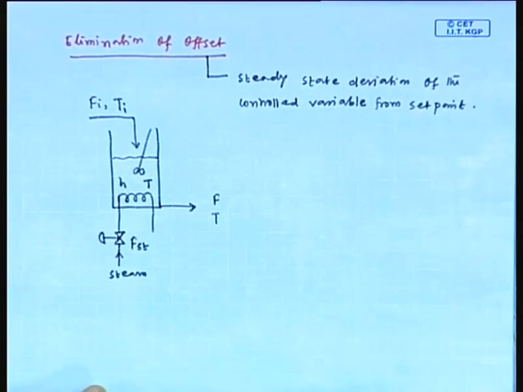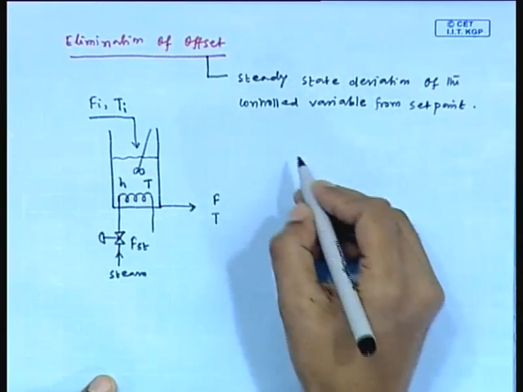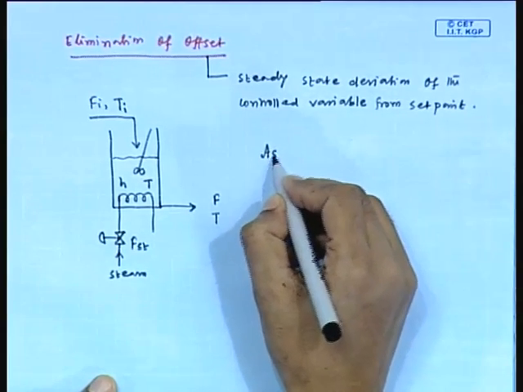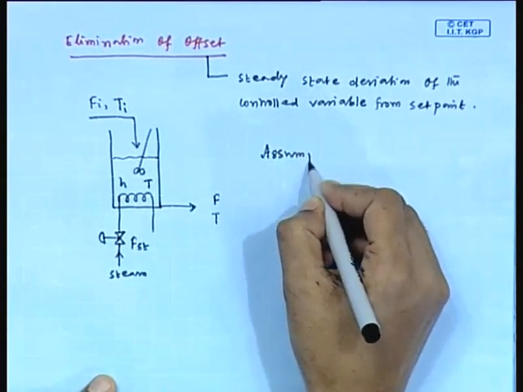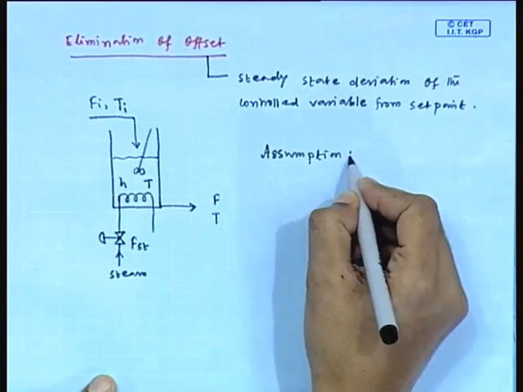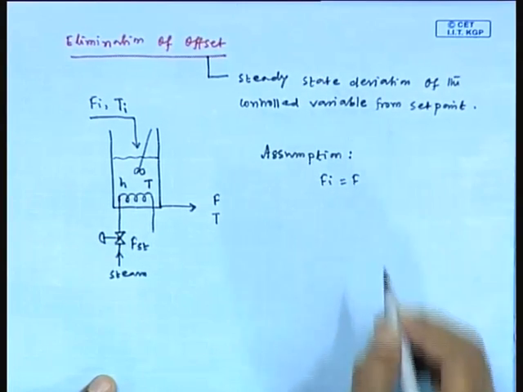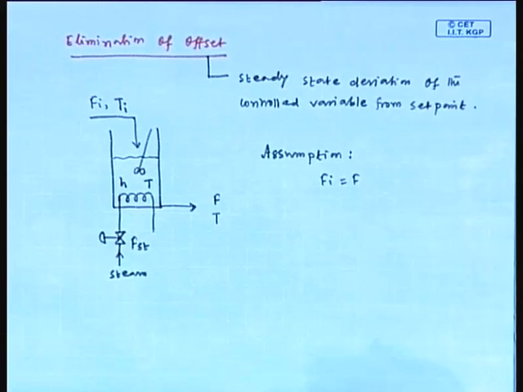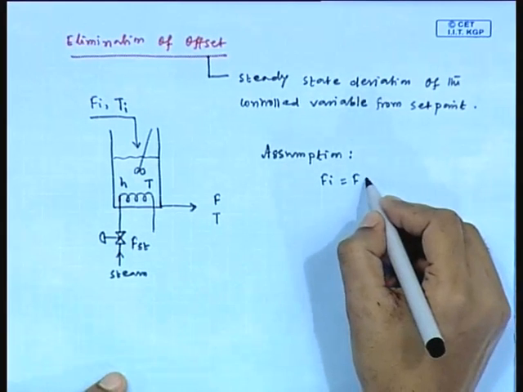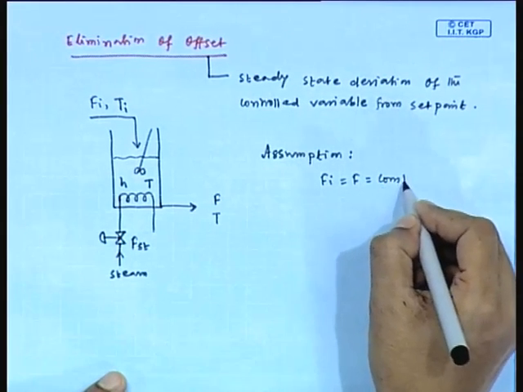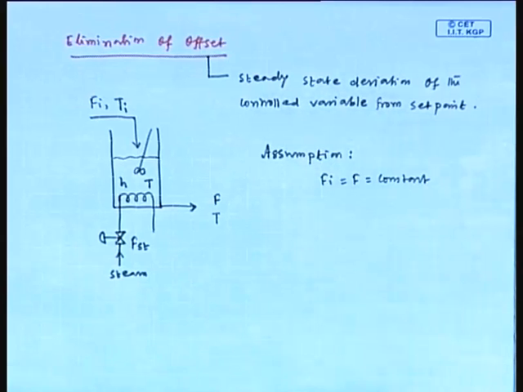Fine. Now, we are assuming here that the inlet and outlet flow rates are identical, and both are constants.